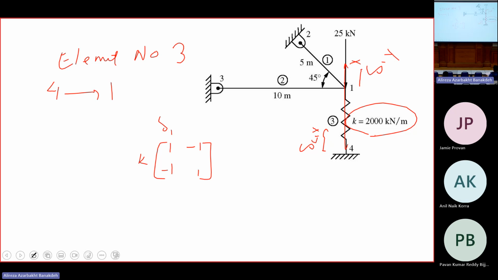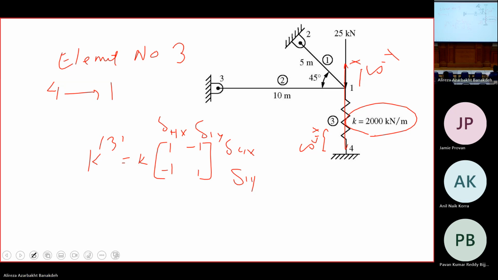So the first one is delta 4x, delta 1y, delta 4x, delta 1y, right? This is the K for element number 3, exactly like you had it before. The 2 by 2 element matrix, which connects 4 to 1.